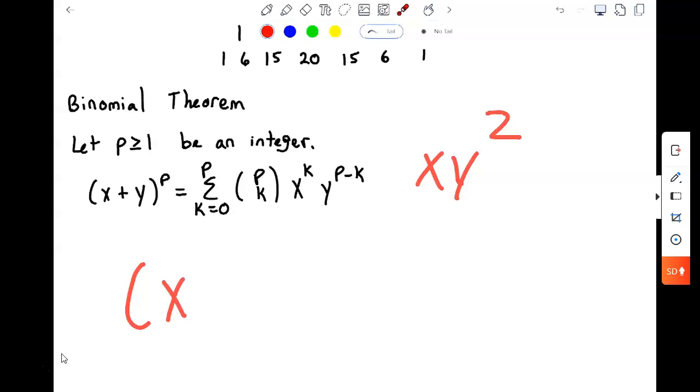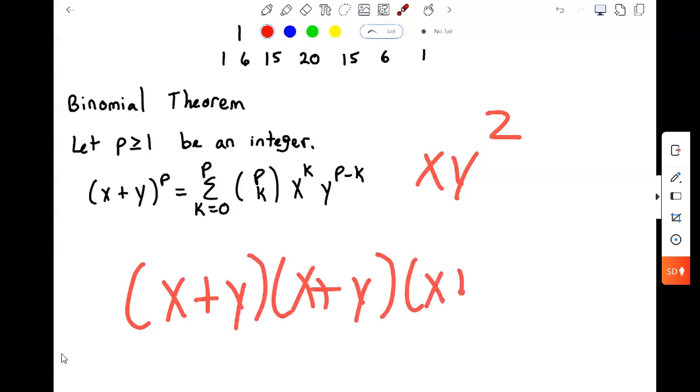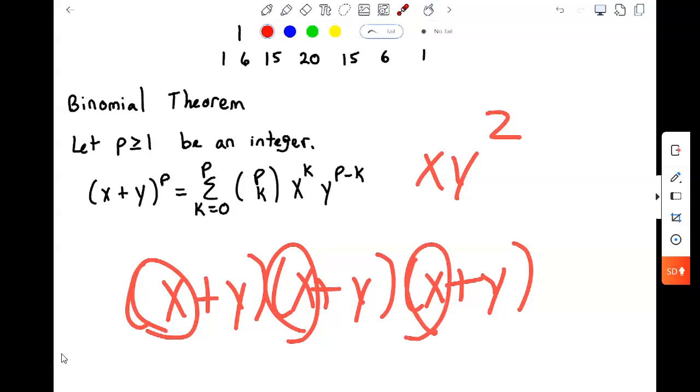So again, going back to that x plus y. To get an xy squared term, how many ways could that happen? Well, I'd have to pick one x out of the 3. I could either pick that x, or that x, or that x. So that could be done 3 different ways.